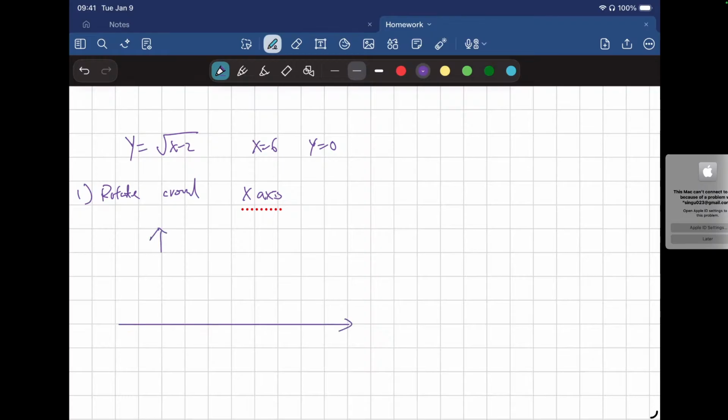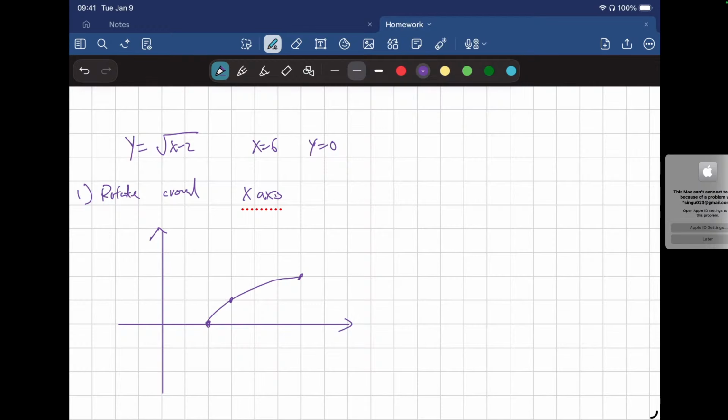First of all, how many of you don't know how to graph square root of x minus 2? Okay, so it's like a football graph, right? But because it has x minus 2, it's moving right 2. If it's plus 2 inside a parenthesis, it's moving left 2.